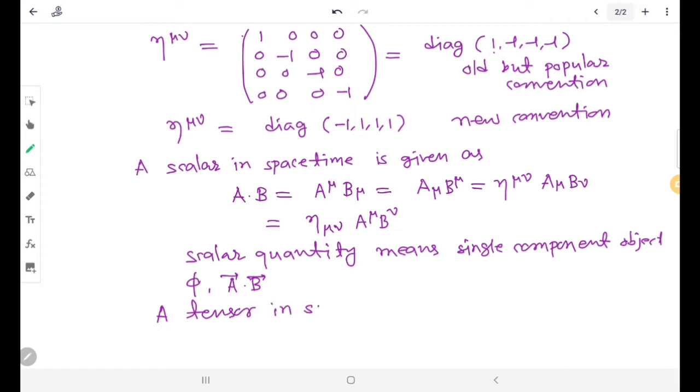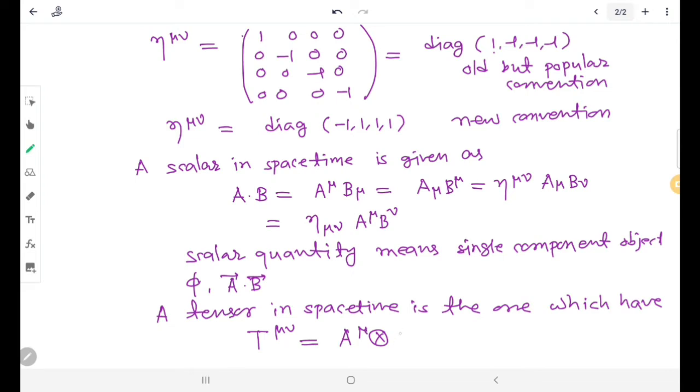Okay, and similarly a tensor in space time is the one which has, say we write T mu nu. So this is a mu and the direct product of another vector a nu, and similarly we can write T mu nu as a mu and a nu.